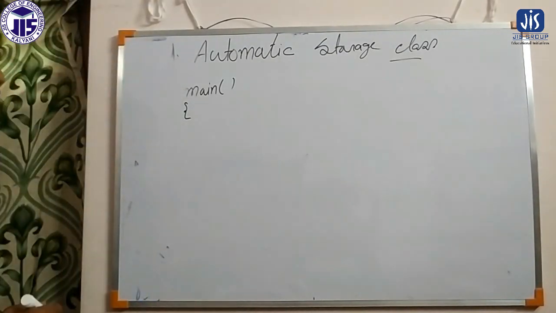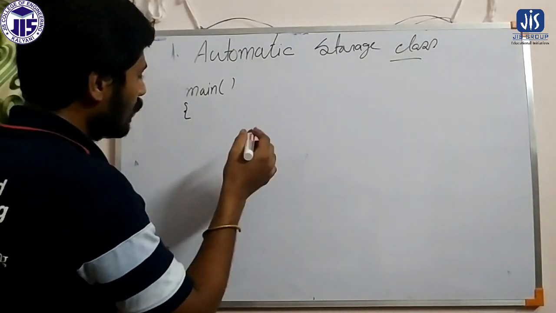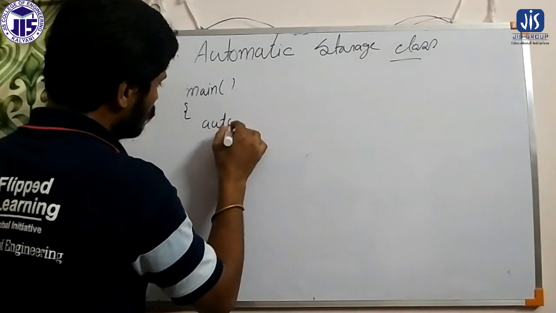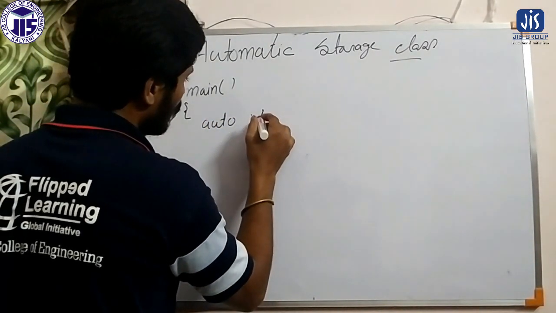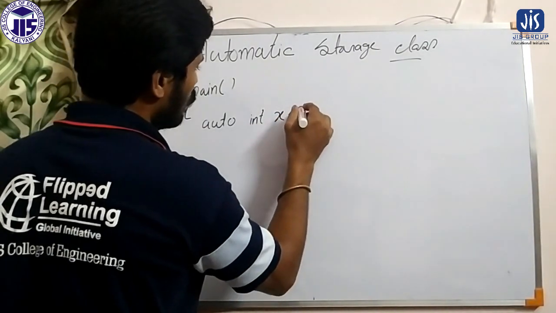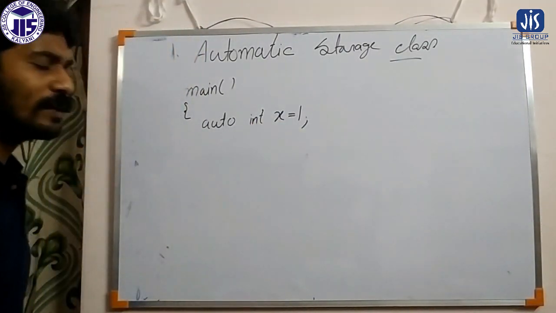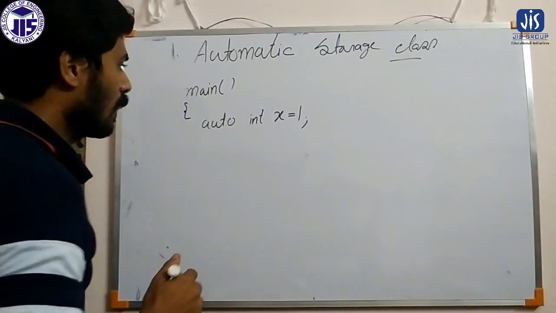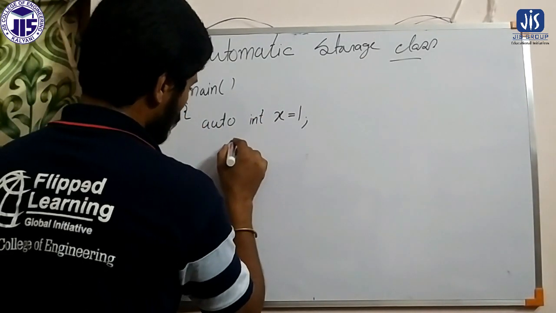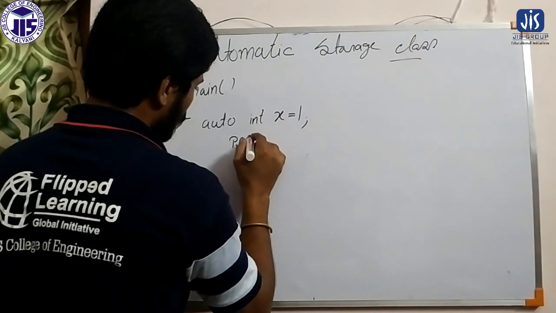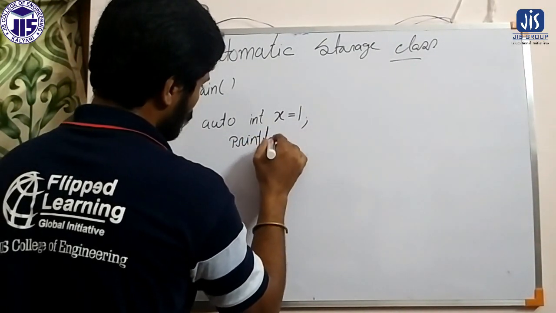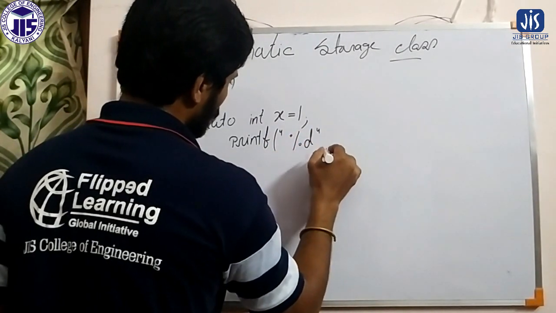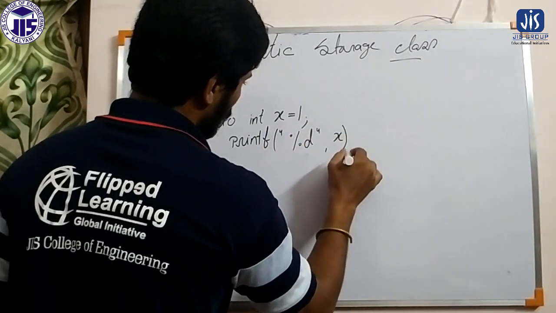This is the main program. Now if I declare a variable auto int x equal to 1, so I have taken x as a variable whose storage class is auto, and here I print the value of x.